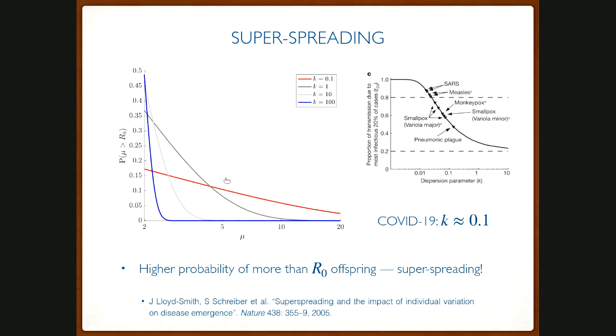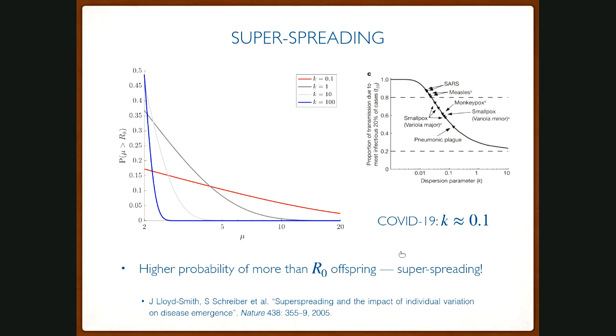If we plot the probability of mu, the number of people an individual will infect, being greater than R naught, we see that for small k values, for example at 20, which is 10 times R naught, we have larger probabilities. So we have a higher probability of more than R naught offspring, and that is what defines super spreading. Super spreading emerges from thinking about chain reactions. It can also be modeled within compartmental models, but it's a bit different and involves changing rate constants.